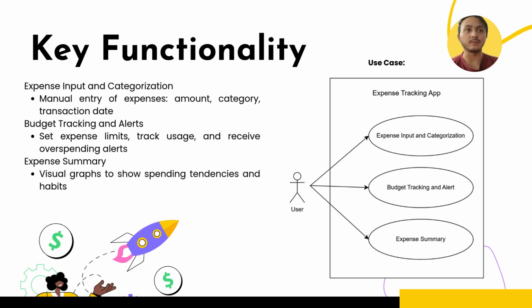It provides real-time tracking of spending categories and alerts you if you are about to overspend. Finally, our expense summary feature offers powerful visual data representation like graphs that illustrate spending habits and trends, and finally enables you to make informed financial decisions.